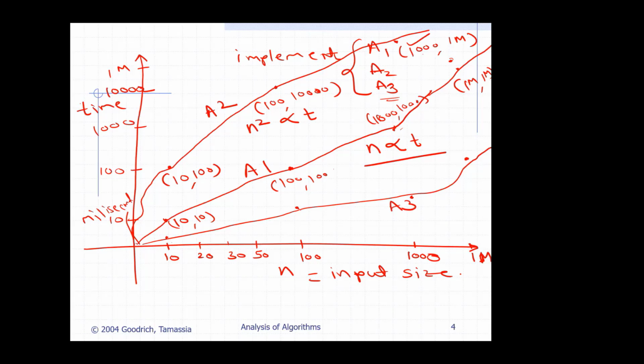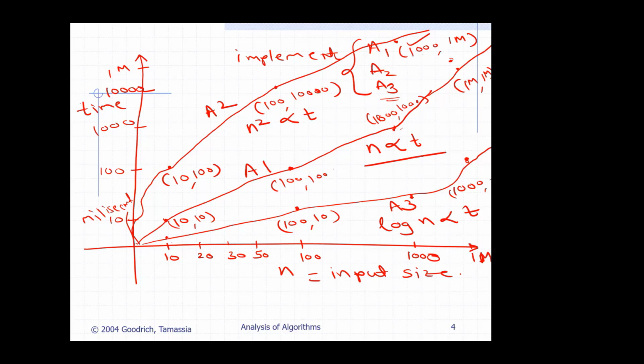Let's say at this point, when my input size is 100, the value is 10, and when my input size is 1000, the value is 1 million. In this case, you can say that the value of A3 is proportional to log n. That is also possible.